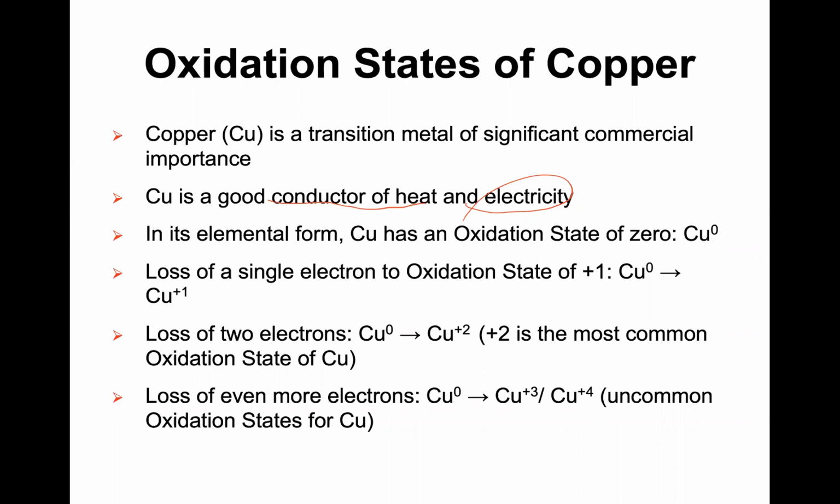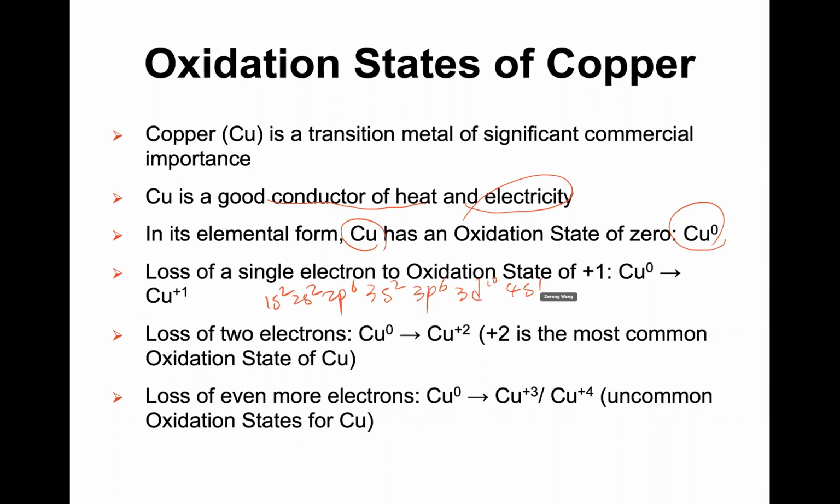But for copper in the elemental form, this one has an oxidation state of 0. We normally set all elements in the elemental state at 0, right? So in this case, for copper, we know the electron configuration, so let's write it this way: 1s2, 2s2, 2p6, then 3s2, 3p6, then 3d10, 4s1, right?